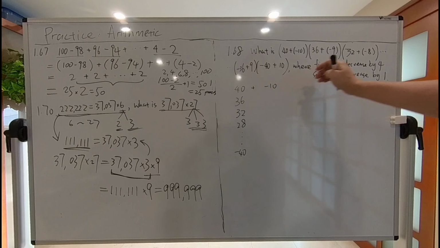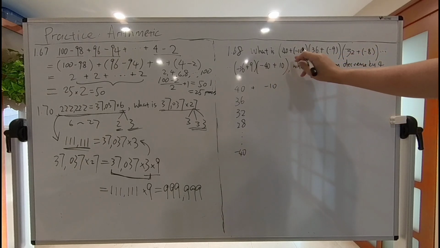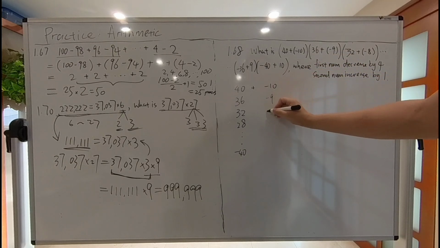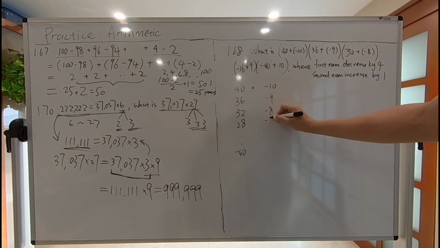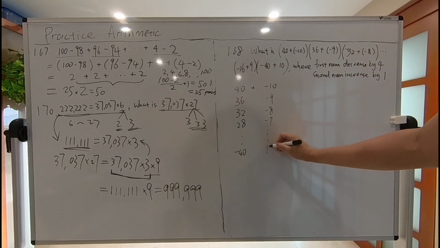Now the second number is increasing by 1. If you start from minus 10, the next number will be minus 9, and then minus 8, minus 7, until the last number is 10.